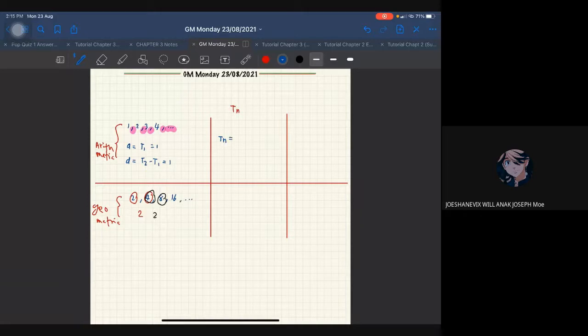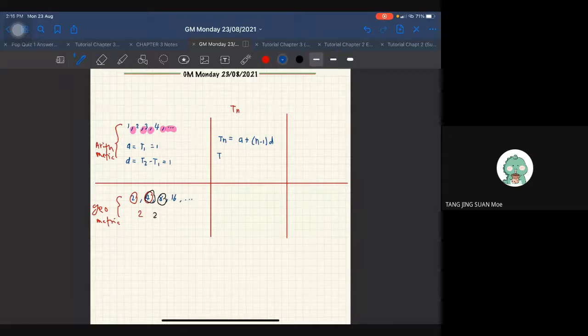Tn equal to a plus (n minus 1)d. Okay, good. So ini adalah dia punya Tn yang melibatkan n, a dan juga d. Ada lagi satu formula kan, dia melibatkan last term.